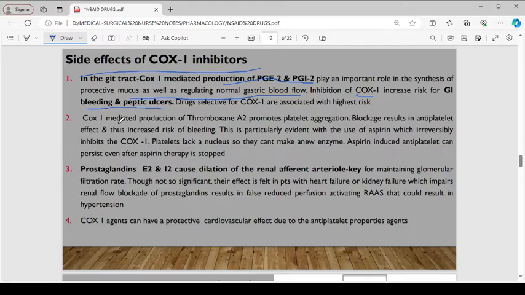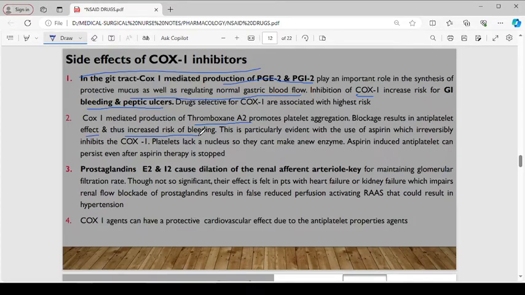Number two, we also have COX-1 mediated production of thromboxane A2, and thromboxane A2 normally promotes platelet aggregation. So if you block this pathway, the blockade is going to result in antiplatelet effects. Thus, there is going to be increased risk for bleeding.